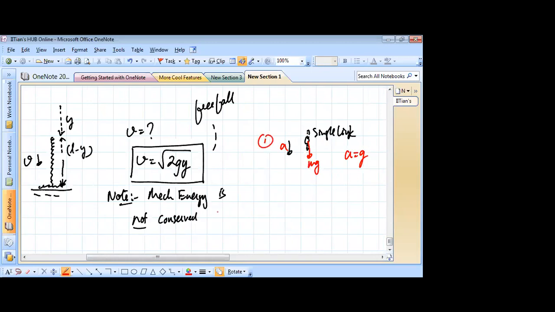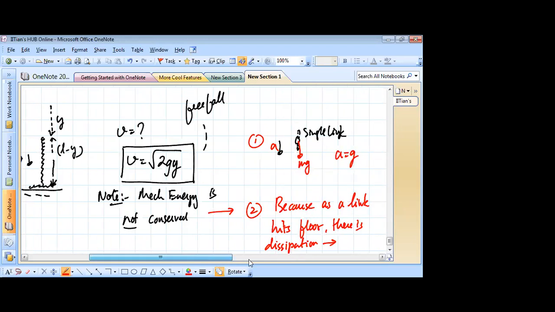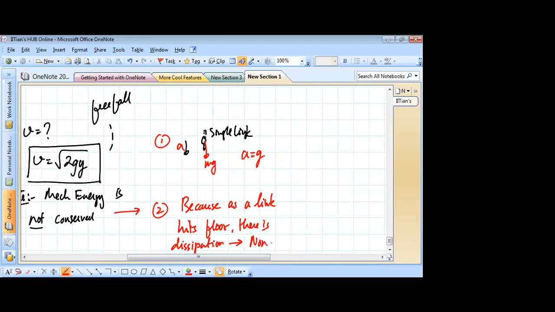That's one thing to understand. And the second thing to understand is that mechanical energy is not conserved, because as a link hits the floor, there is dissipation of energy, because there is a non-conservative inelastic collision impulse.